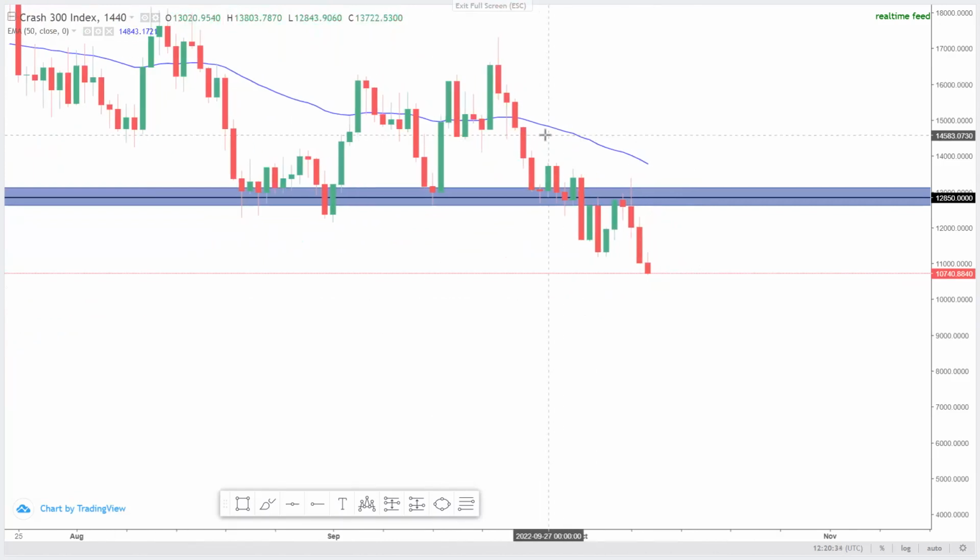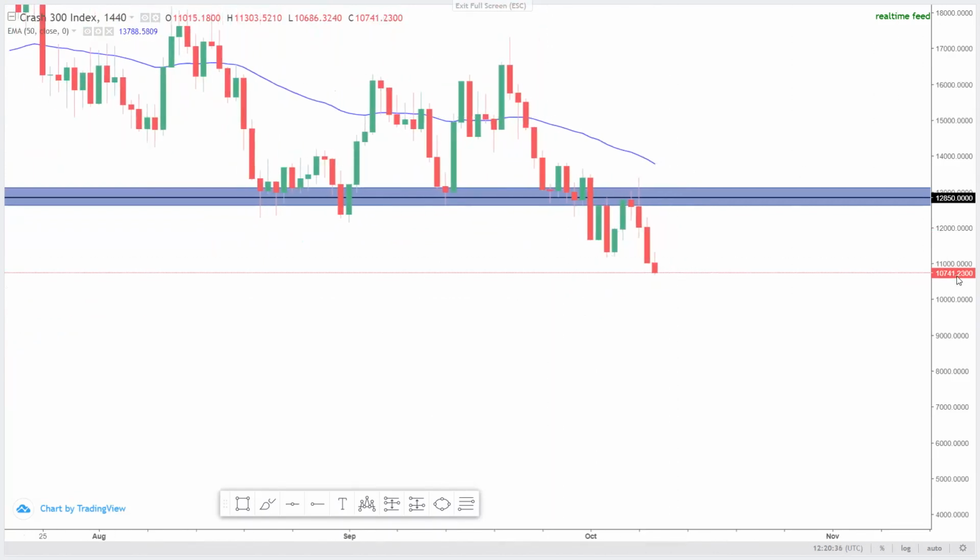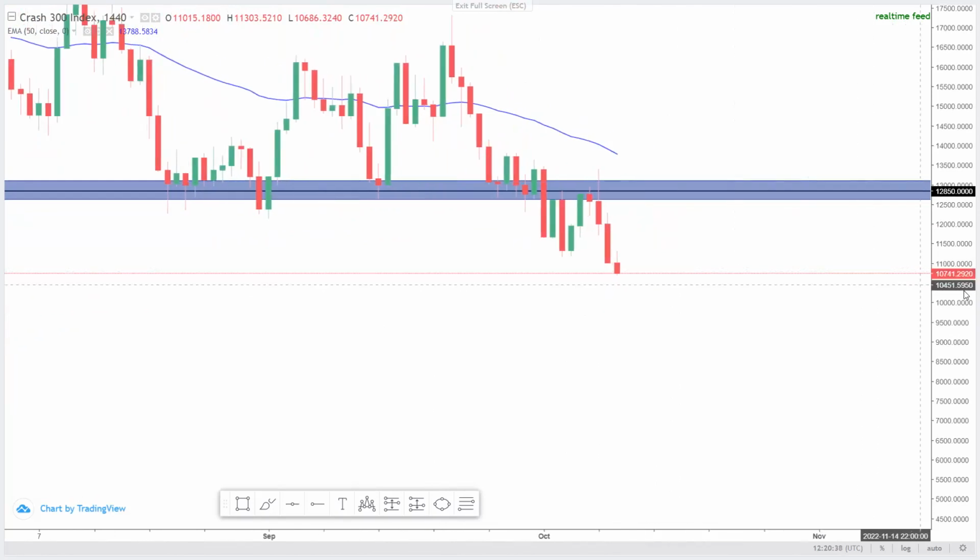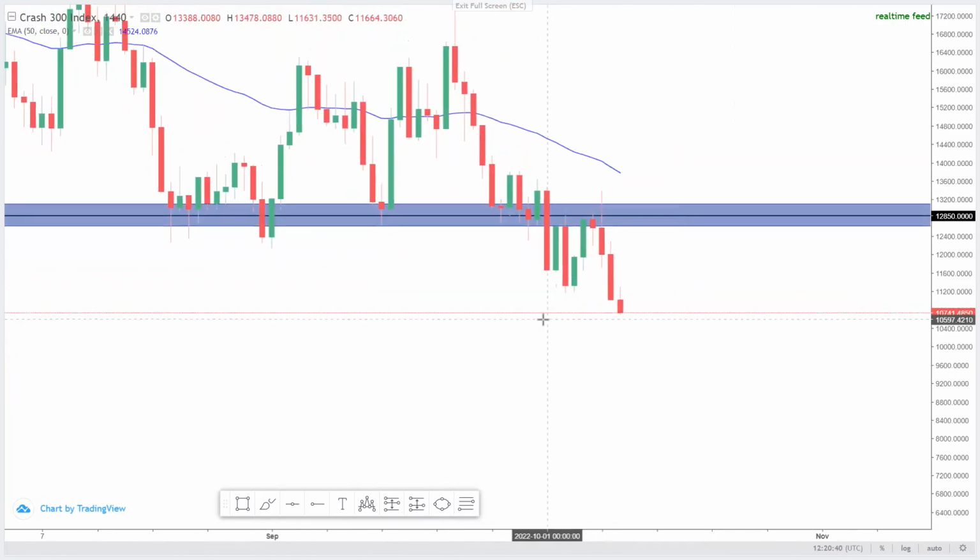So that was the first clue we gathered from the daily time frame. Price was trading back towards the key level that previously acted as a support, broken, and now we're expecting the level to act as a resistance.